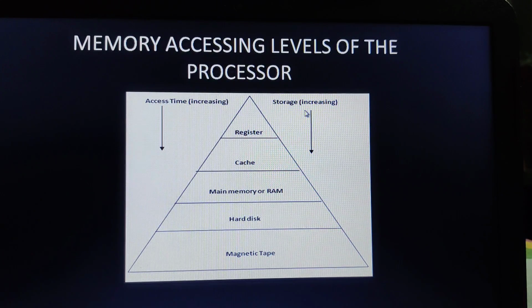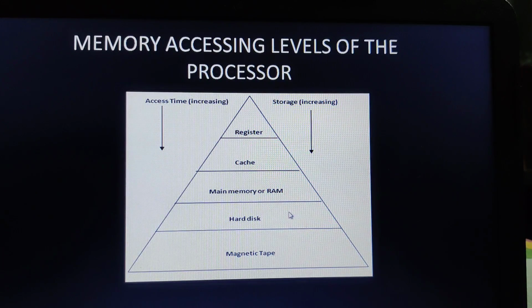According to storage capacity, registers have the least storage capacity, less than the cache memory, because the registers, the cache memory and the main memory, random access memory, hold only the recent applications, data or instructions that the CPU needs for processing. Hence they are temporary storage.